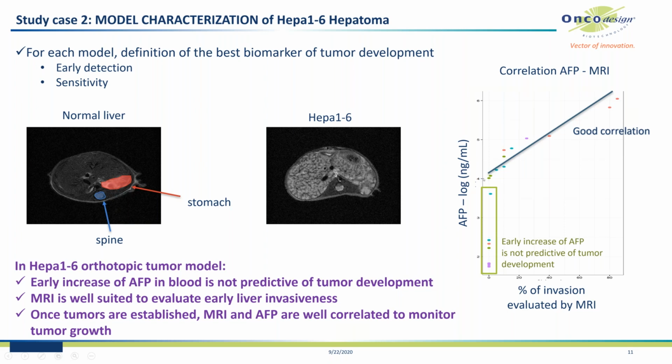The level of alpha fetoprotein increased earlier than the appearance of the tumor on MRI, but we have shown that it's not always predictive of the tumor development. But when the tumor development is more important, the two parameters are well correlated, and both can be used to monitor tumor growth.